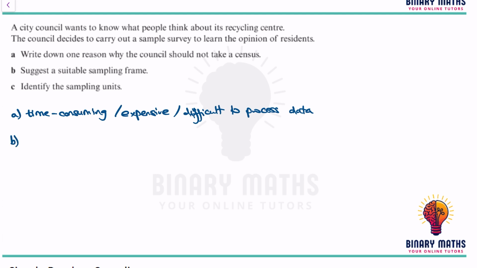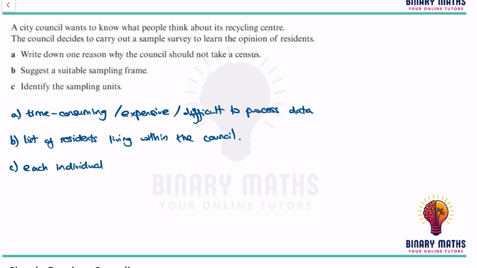B. Suggest a suitable sampling frame. So a list of residents living within the council. C. Identify the sampling units. So it's each individual resident living in the council.